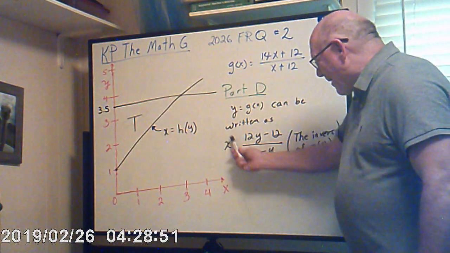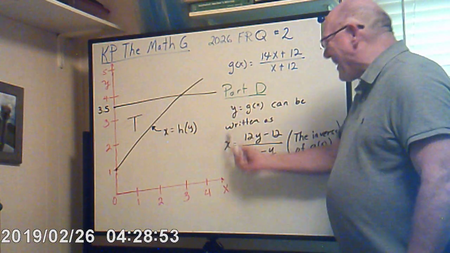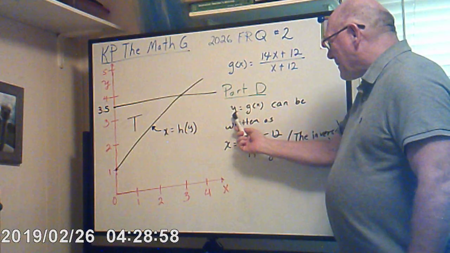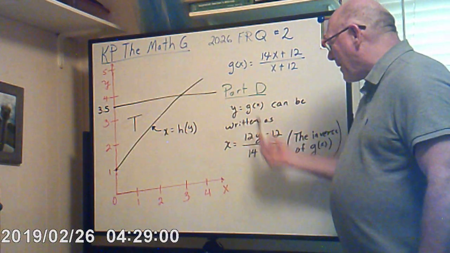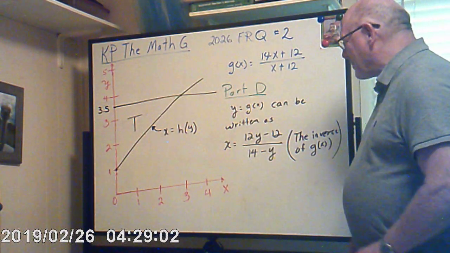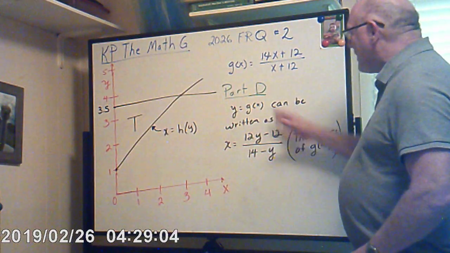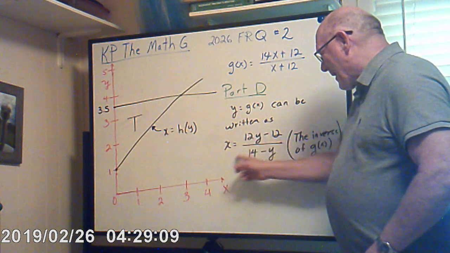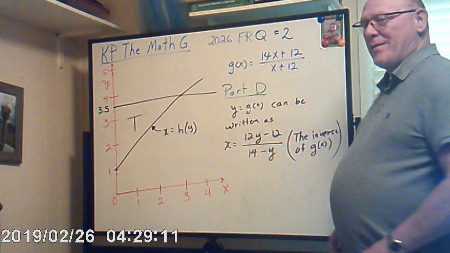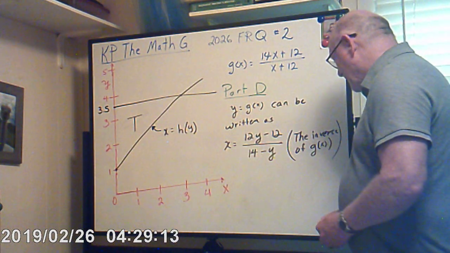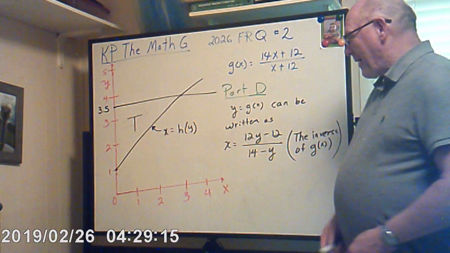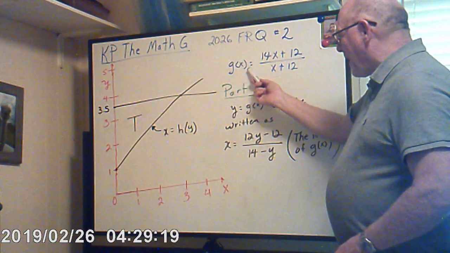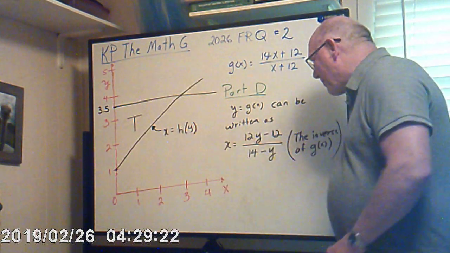There's a reason why this is x equals instead of y. The g at x is referred to as y here, and so what they really did is they solved this one for x. This turned out to be the inverse of g at x, and they called that, instead of g at x, h at y.